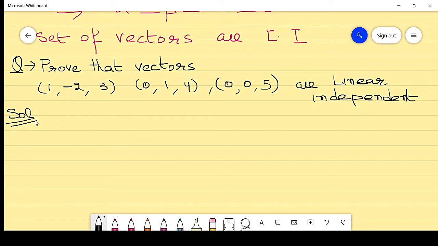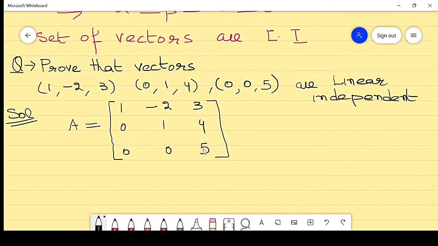So same type as we did in the previous question, but here we will prove it in matrix form. So write this vector into matrix form first. This vector can be written in the form 1 -2 3, 0 1 4, 0 0 5.